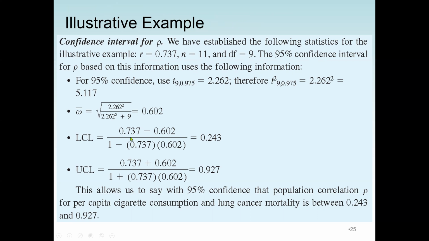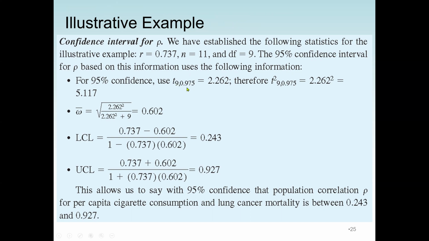So we use the following. For 95%, we use the t. Degrees of freedom is 9, because n is 11 minus 2, so that gives us 9. For the 95% confidence interval, we have 1 minus 0.05 over 2, and that gives us 0.975. So if I have t with 9 degrees of freedom and 0.975, I go to the t table, go to the row for 9 degrees of freedom, and then go up.